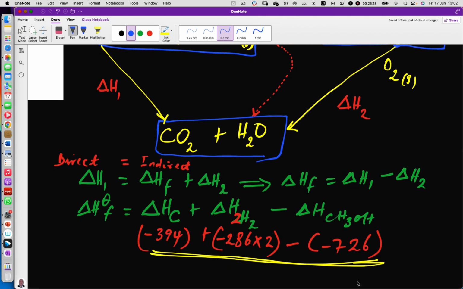So remember, enthalpy of combustion for methanol is a negative value. Since it is negative here, it is minus, in bracket, the negative value that was given for enthalpy of combustion.